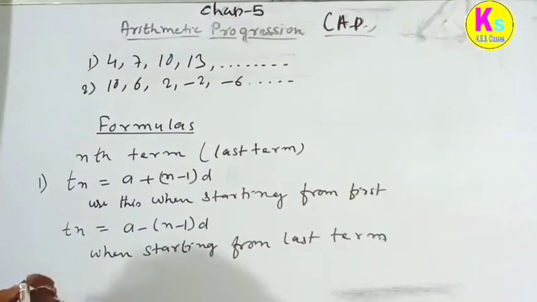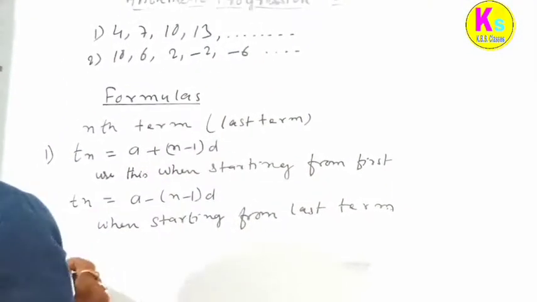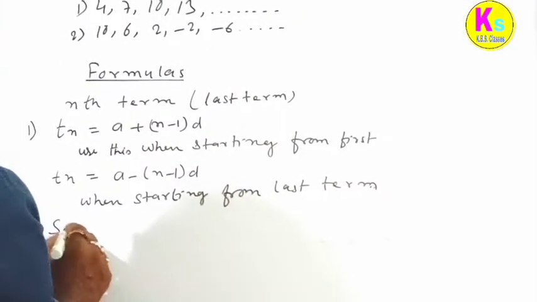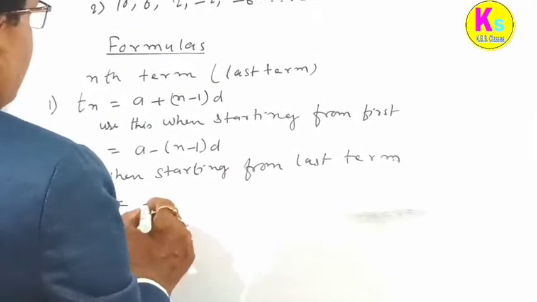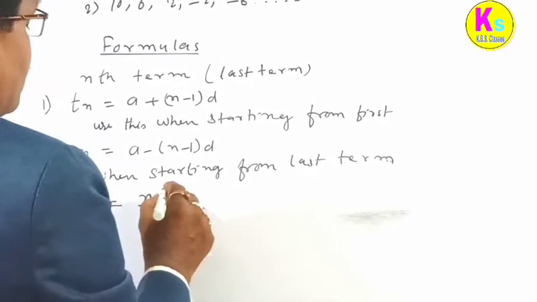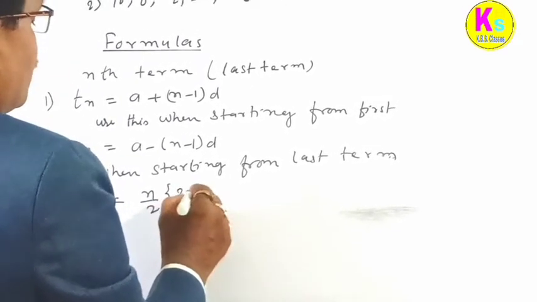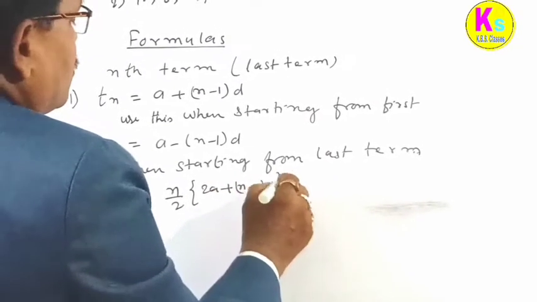And the second one is for the sum of the terms. Sn means the sum of n terms. It is equal to n by 2 into (2a plus (n minus 1) into d).